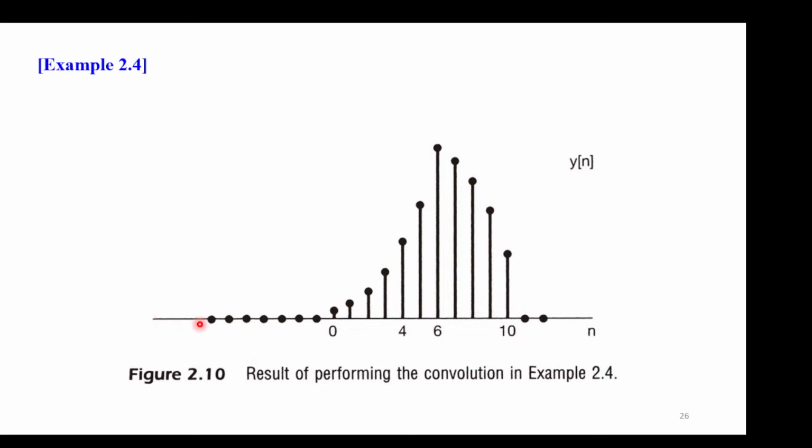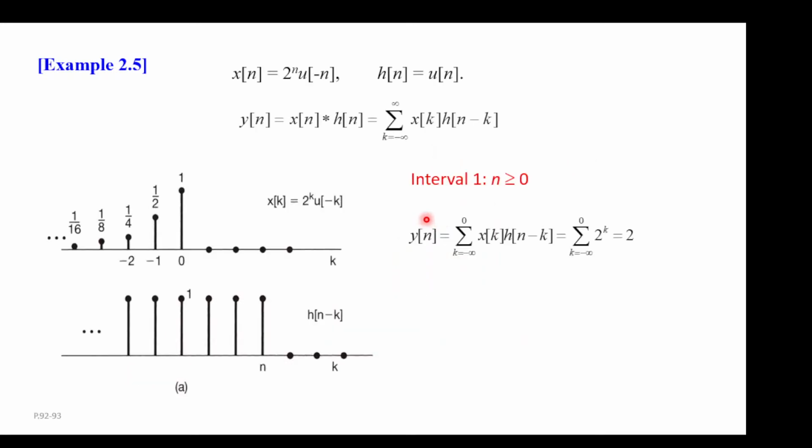And in total, your function will look like this. So less than 0 has no overlap, and between 4 and 6 you have more overlap, and the overlap decays like this. I guess 0 to 4 and 4 to 6 are kind of different too. But anyway, this is the function. And finally, we have another function that's exponentially growing from negative infinity.